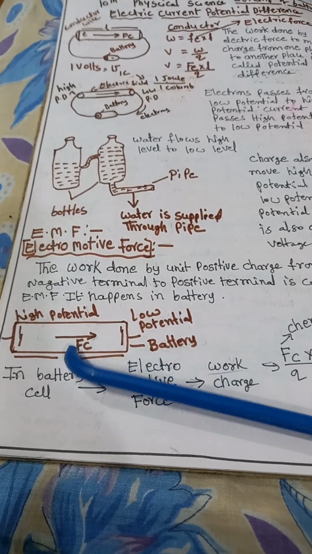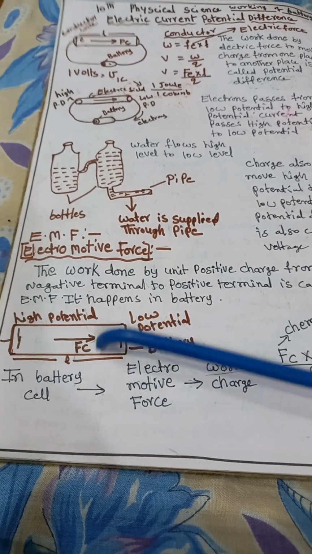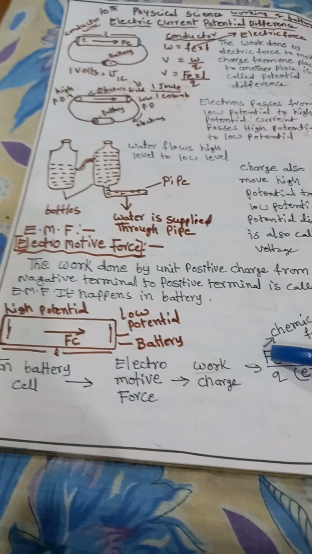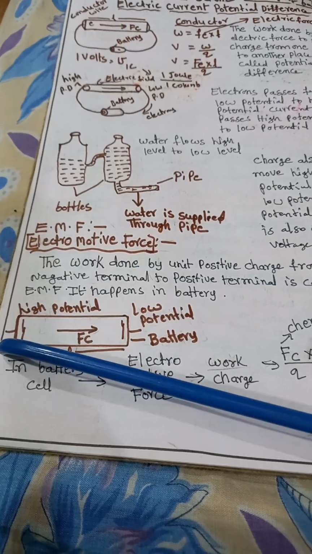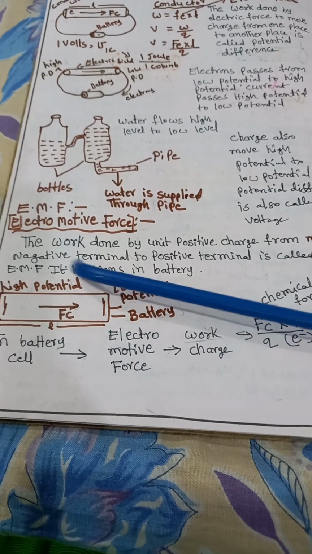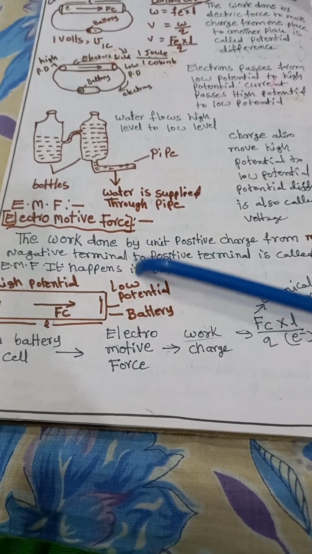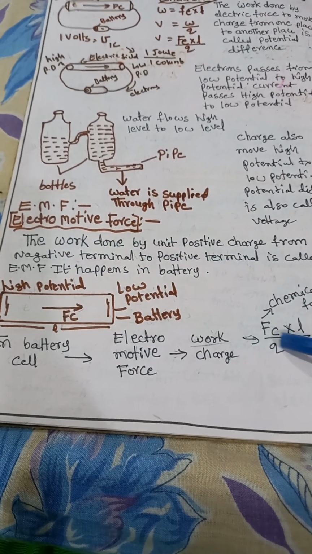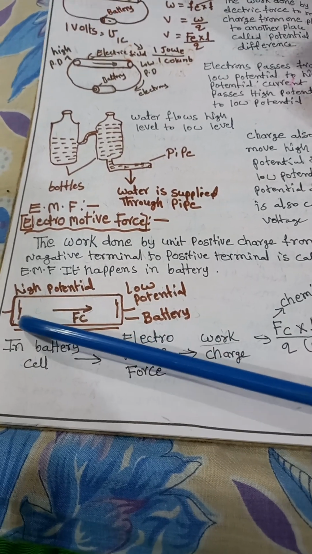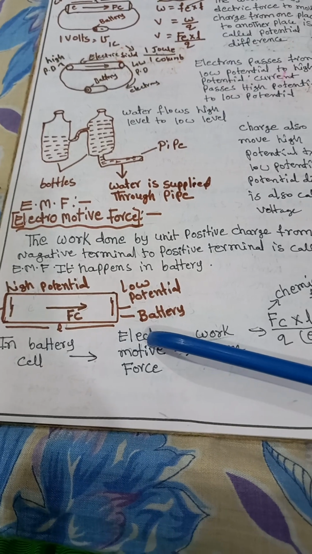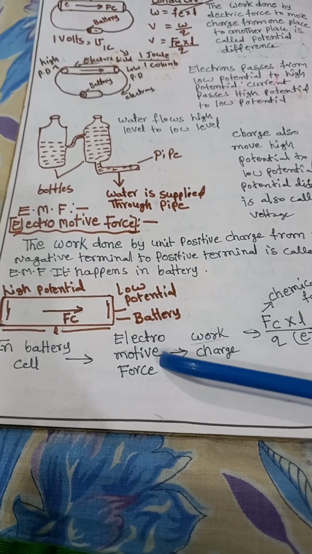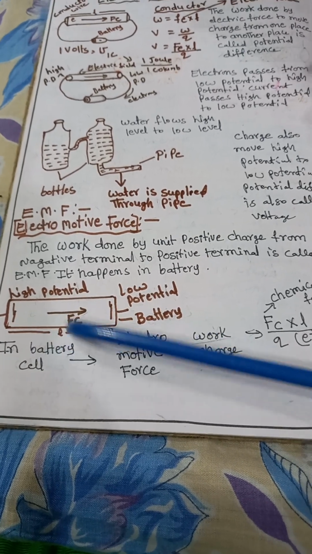So the unit charge present inside the battery moves by the chemical force from one end to another end. So it is called electromotive force. So the chemical force makes the unit charge move from one point to another point. So it is called electromotive force and it happens in the battery.